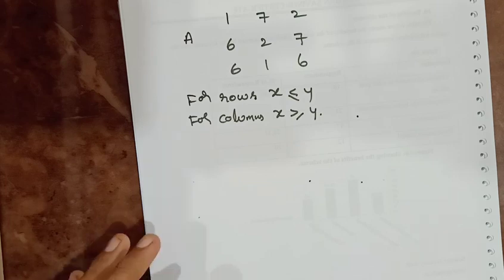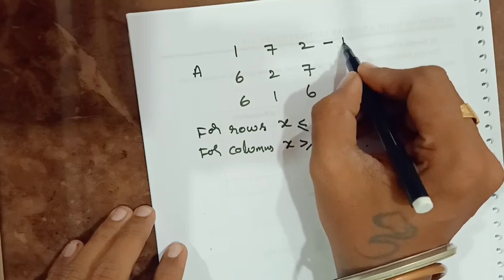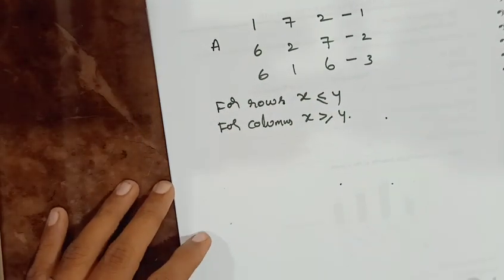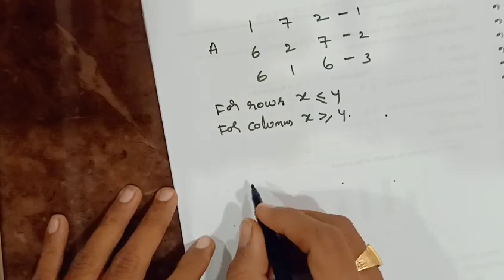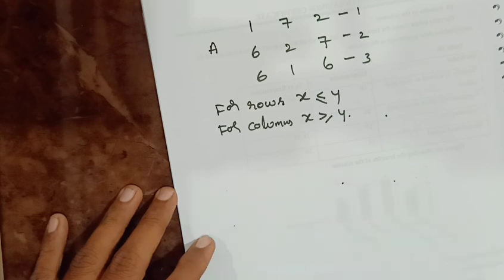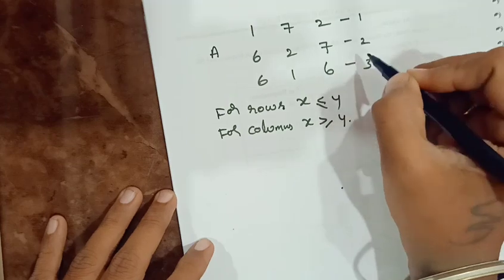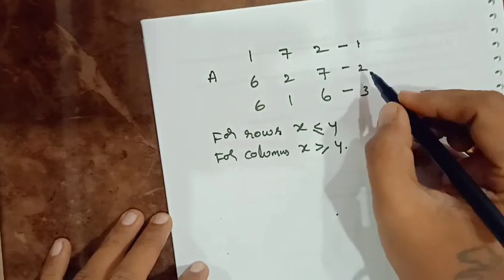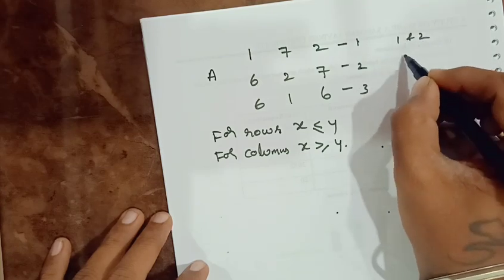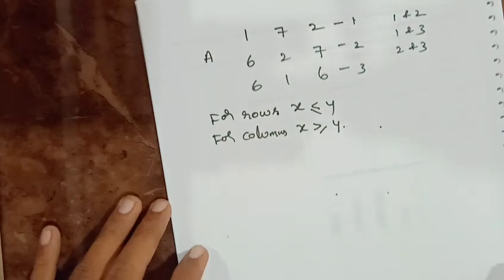So now here I am considering the rows as 1, 2, 3. We will find which outcome is dominating by comparing 1 and 2, 1 and 3, 2 and 3.